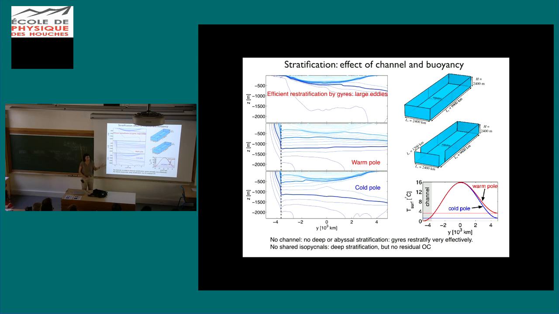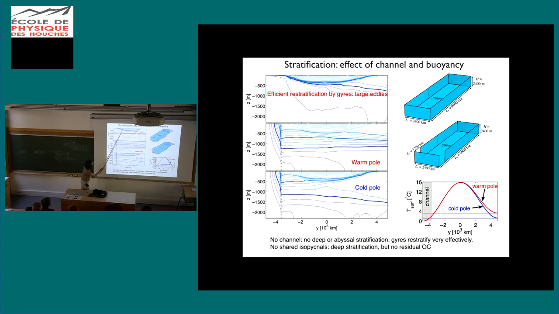And the eddies do what they can to restratify, but they can't do very much. Here, instead of eddies, you have gyres, and you can establish a pressure difference between the eastern and western boundary, and the gyres are very good at restratifying. Think of them as gigantic eddies, or as Stommel used to say, Edwards.